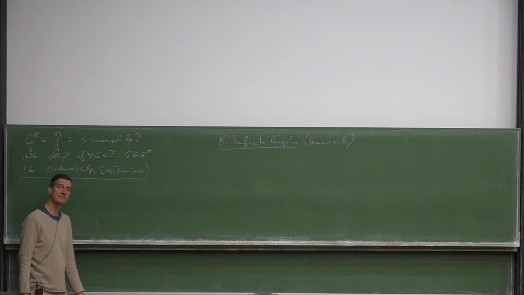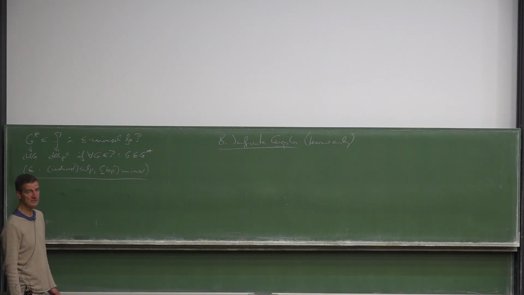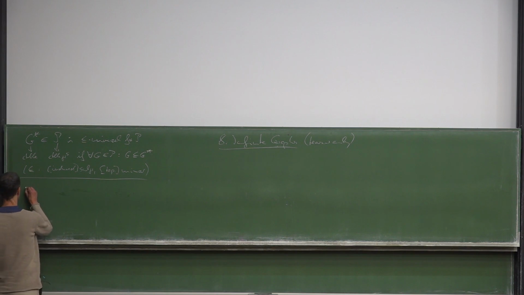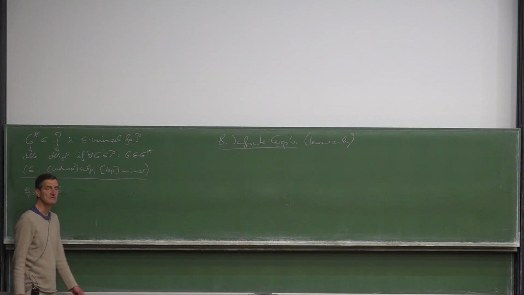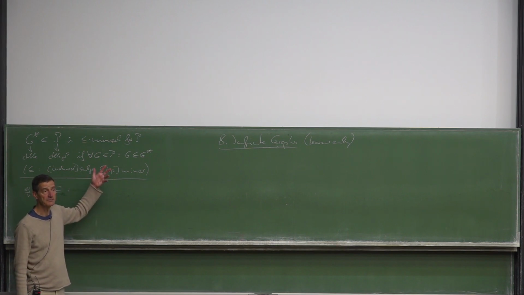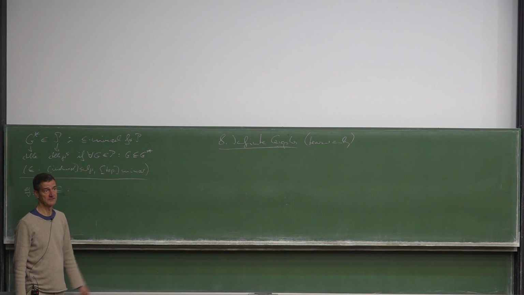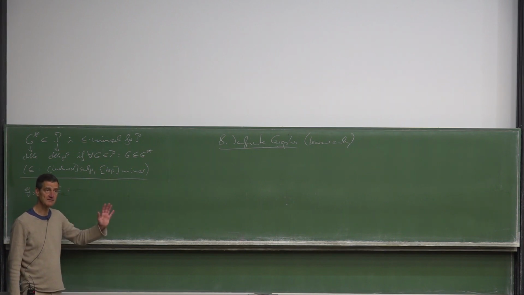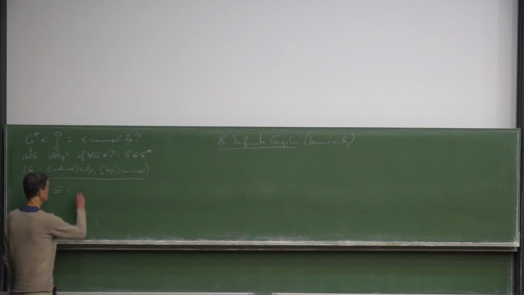for the ordinary subgraph relation, can you think of a universal graph for P being the class of all countable graphs? So can you think of one countable graph that contains all the other countable graphs as subgraphs? And yes, of course you can.